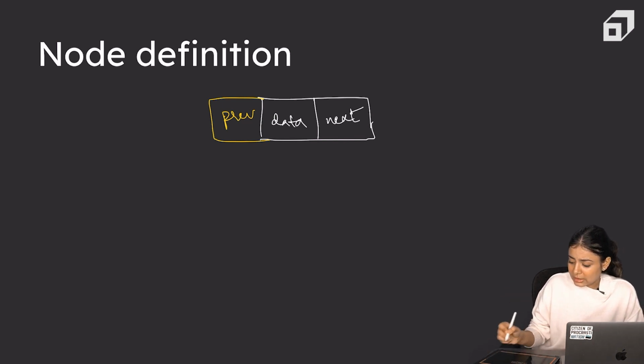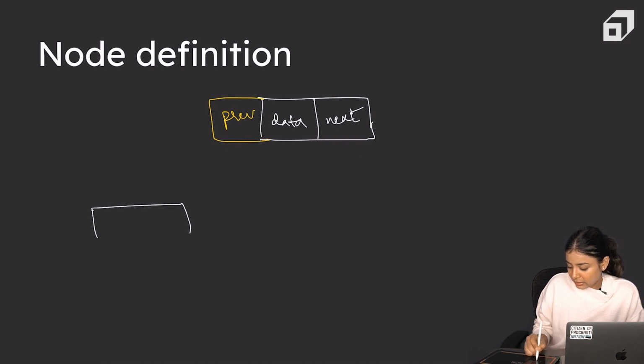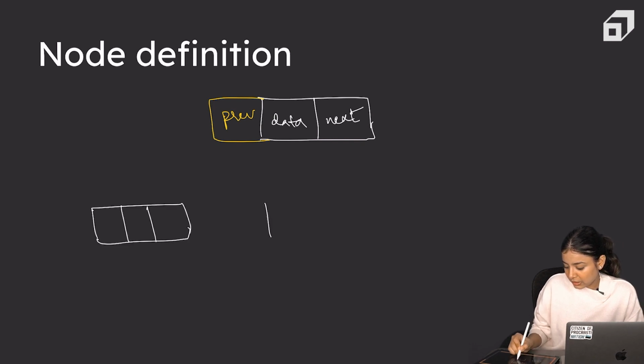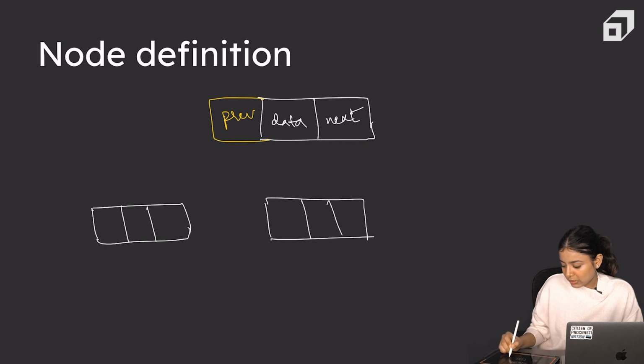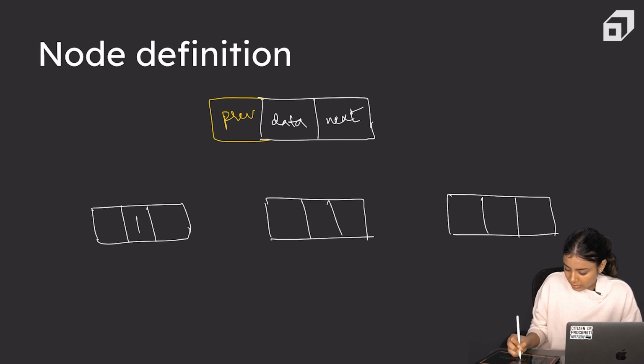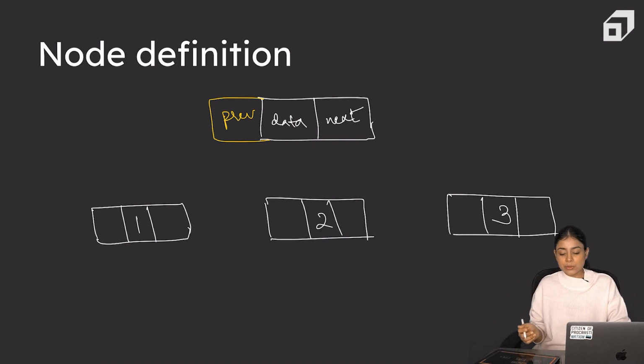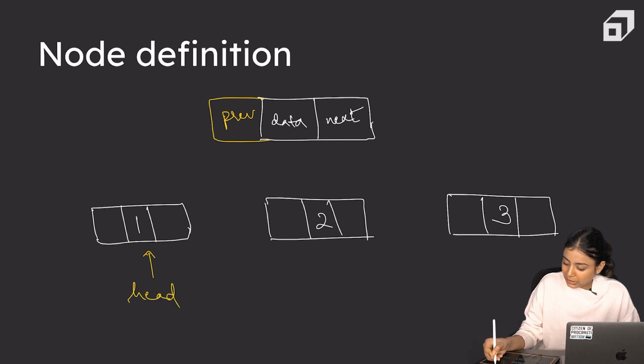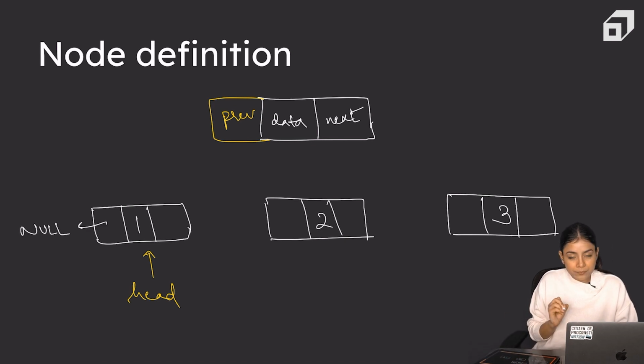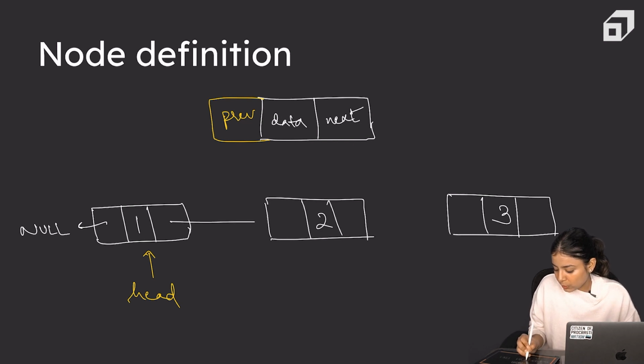So this basically means that in a doubly linked list, every node will have 3 parts. These nodes will have some values. The previous of the first node, which let's call the head node where our linked list is starting, will be null, and the next of this node will be pointing to the next node in my list.